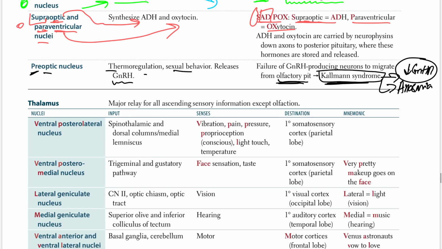One extra thing that I have seen some talk about is the arcuate nucleus.